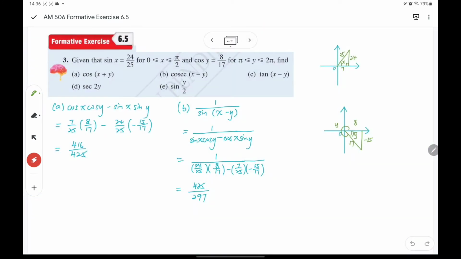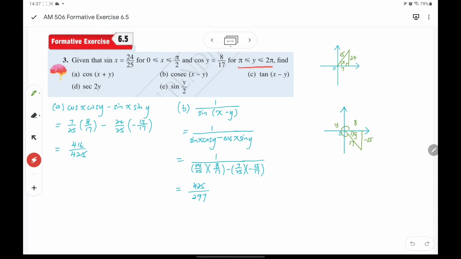Number 3. Given that sine x is 24 over 25, for x from 0 to pi over 2. So for this information, we know that x is actually in the first quadrant. With the opposite and hypotenuse, we can sketch out this triangle. Then we can find 7 as the adjacent. And cosine y is 8 over 17 for y from pi to 2 pi.